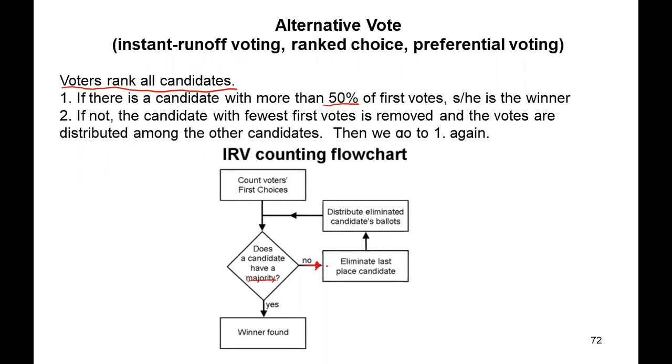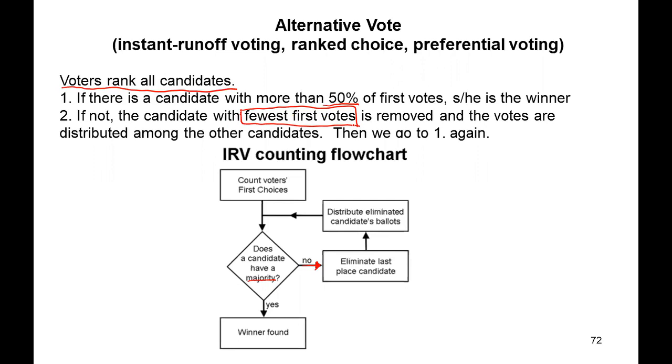In alternative vote, the weakest candidate is defined as the candidate with fewest first votes. There are also variants of this procedure where the weakest candidate is a candidate with most last votes. There may be different principles behind this elimination.